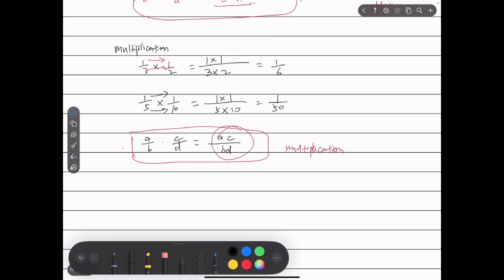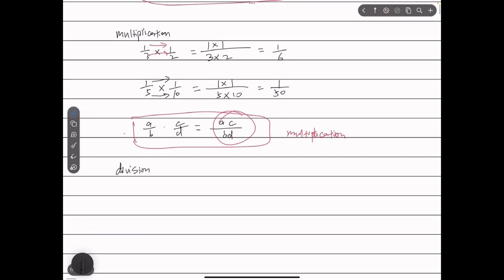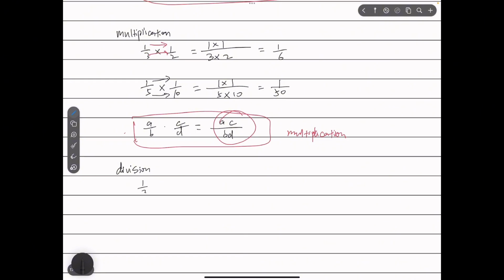And for fraction division, let's say we have 1 over 3 divided by 1 over 2.